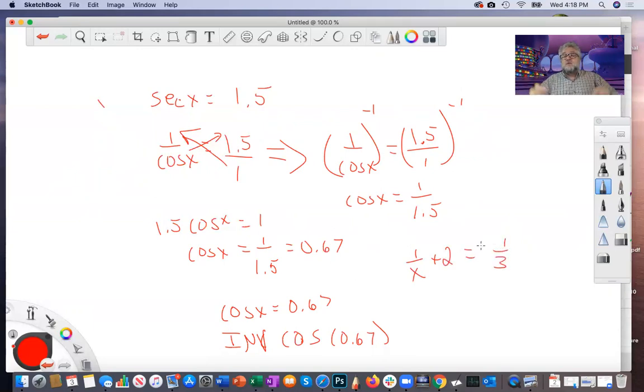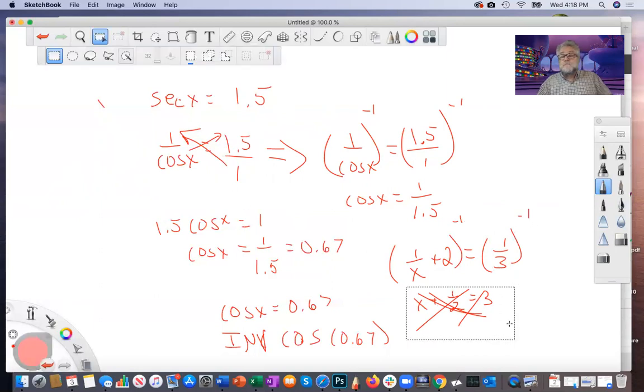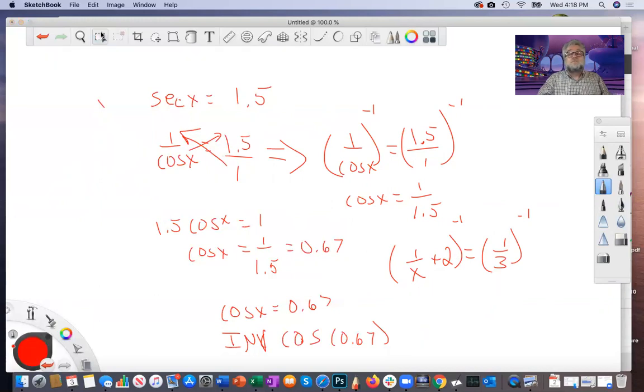You can't take the reciprocal and say this is x plus 1/2 equals 3. No, no, no, no. You would have to do it like this, and that would become 1 over x plus 2. You just made it really hard.